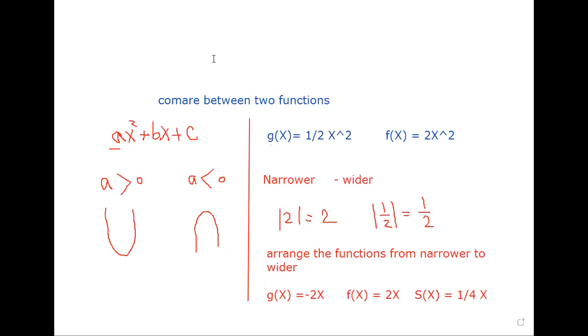How will we answer this question, grade 9?